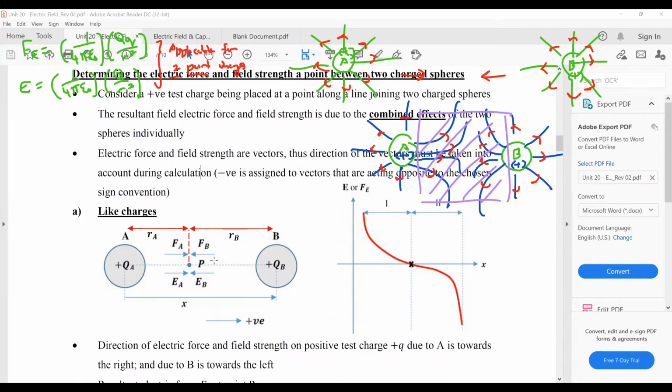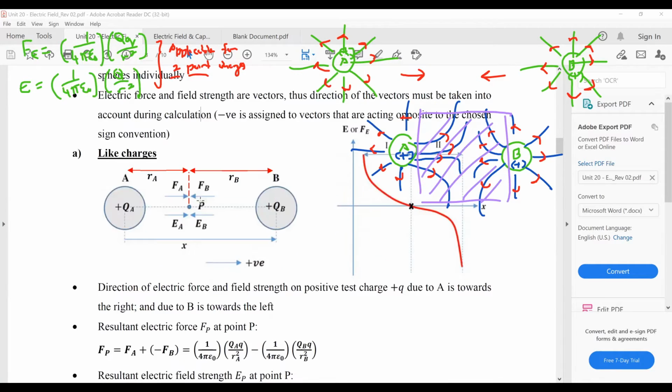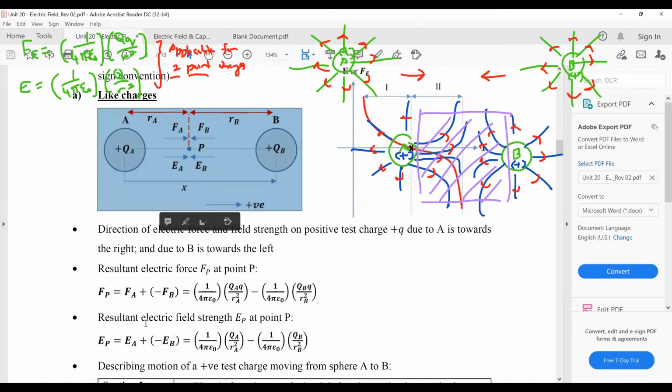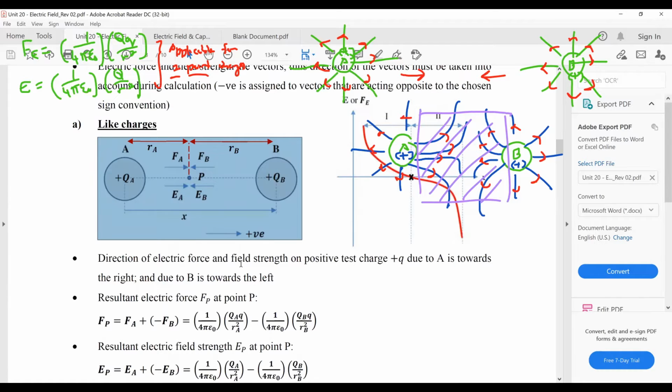So typically we will ask you to find out what is the electric force on the charge here, what's the electric field strength here, what's the electric potential, what's the electric potential energy here. Okay, so like in your case, if say for example right now I am interested in finding out what is the electric force on a positive test charge placed in this field, I consider the effects individually first before I combine them.